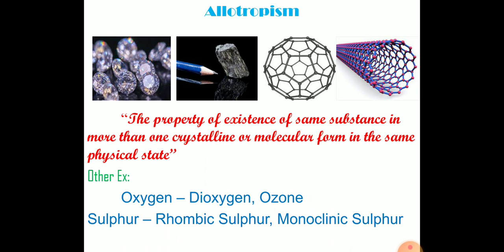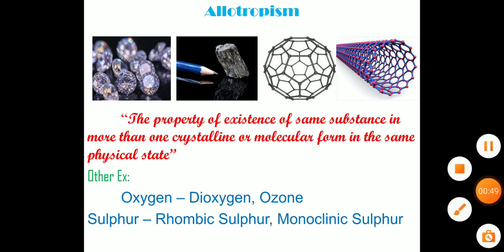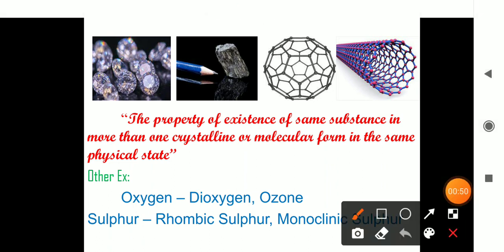Dear students, in order to have a clear picture about the process of allotropism, here I have taken a number of pictures. Look at the first picture. Yes, it is the picture of diamond. The second one is the picture of a pencil, and the major constituent of pencil is graphite.